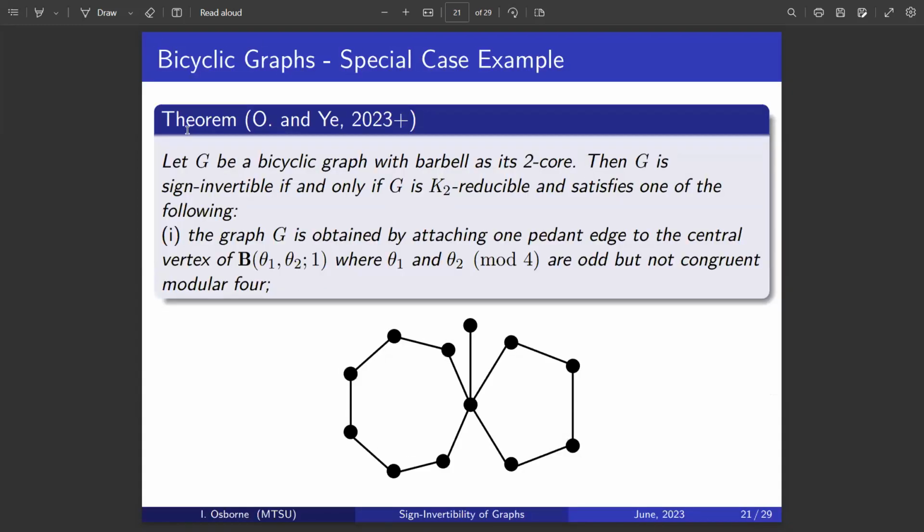And then this is the special case for the bicyclic graphs. The reason that it works with just 1 peg, whereas just having 1 peg didn't work with the unicyclic graphs, is if you eliminate this vertex here, then the determinant of what's left over inside here is 0.